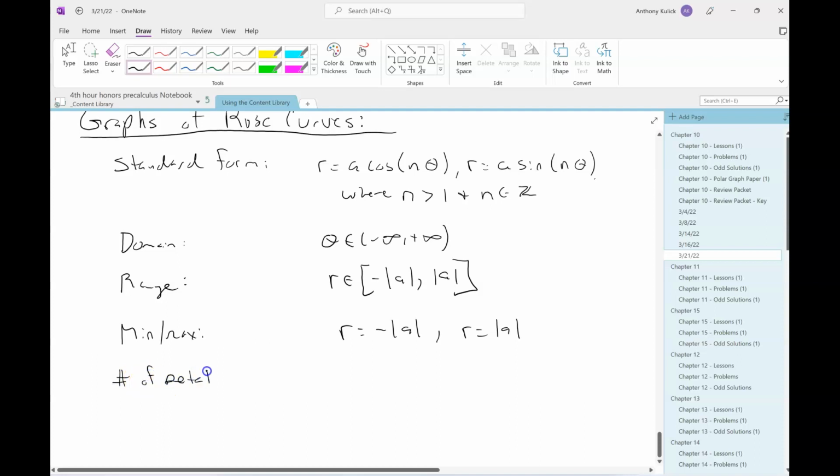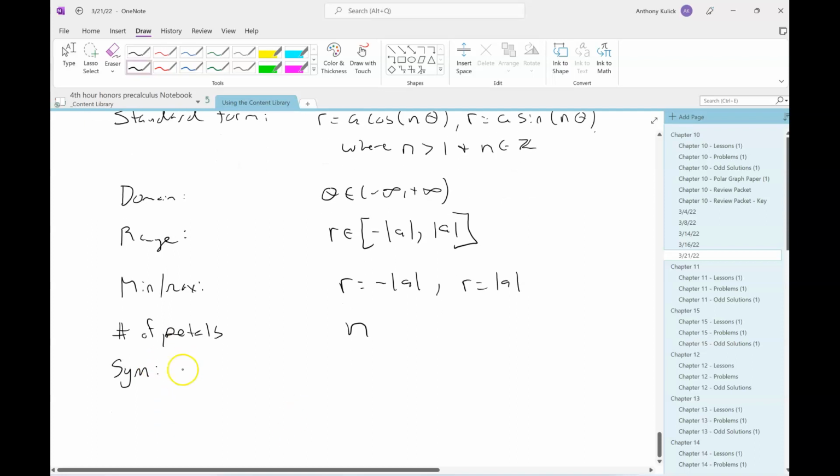Well, you know. The number of petals is just going to be n. The symmetry, if alpha is 360 divided by n, if n is odd, then we have, all right, well, let's start with even actually, because there's only one case there. We got all the symmetries.